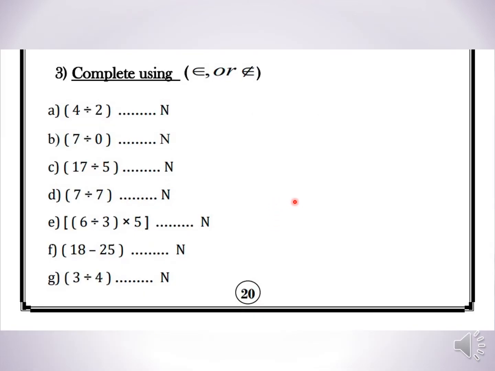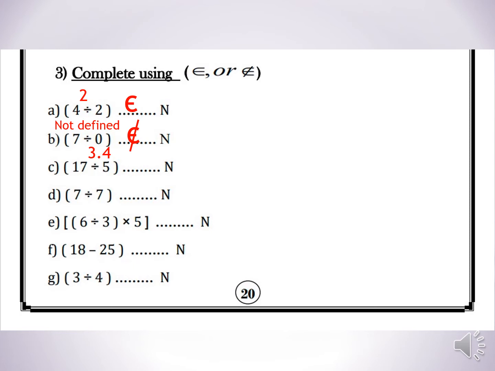Number 3, complete using belong or not belong. 4 divided by 2 equals 2, so it belongs to the natural numbers. 7 divided by 0 is not defined, so it doesn't belong to the set of natural numbers, doesn't belong to N. 17 divided by 5, you can do it with your calculator, is 3.4.